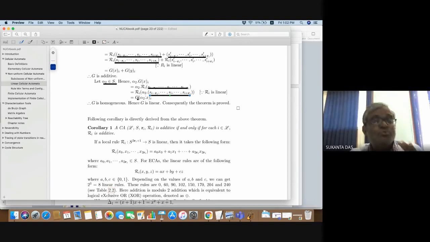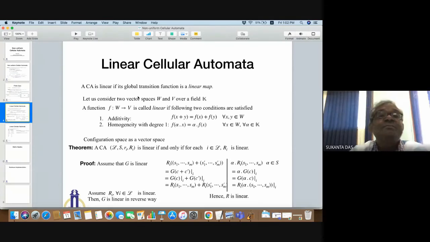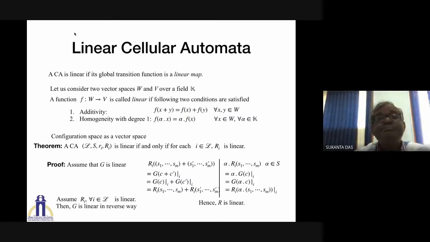Therefore, to understand whether a CA is linear or additive, we have to check only the rules of the CA, nothing else. This is the meaning of this theorem.